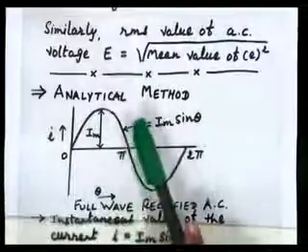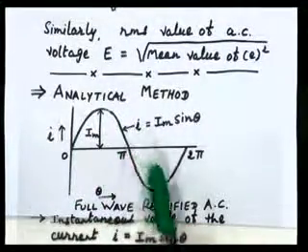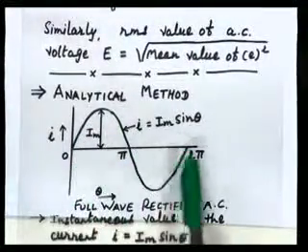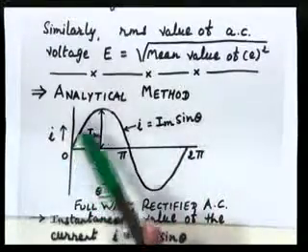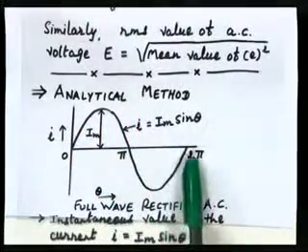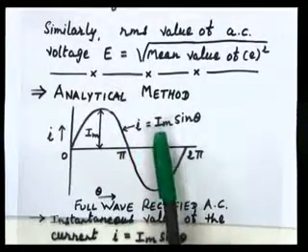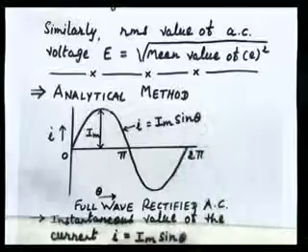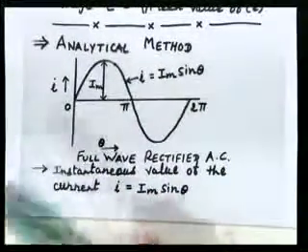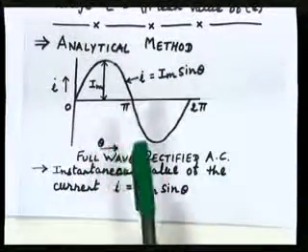As shown in the figure, this is your full wave, starting from the 0 value and ending at 2 pi. This wave is the current waveform, and the equation for instantaneous current i is equal to Im sin theta, which is the instantaneous value of current.